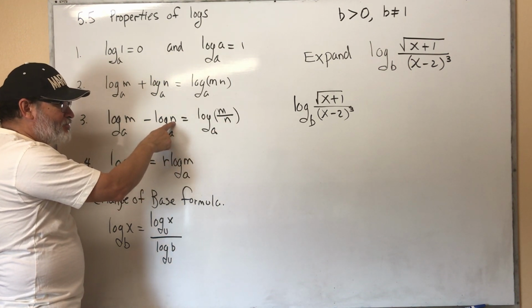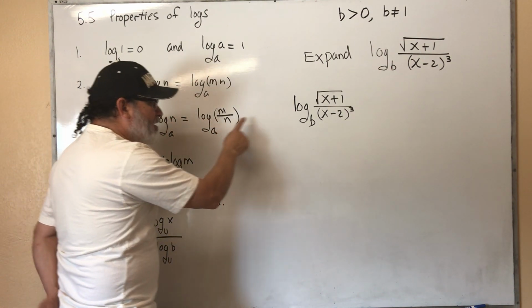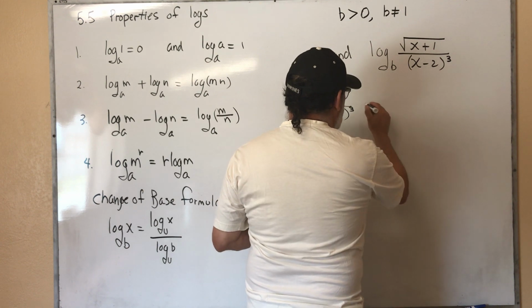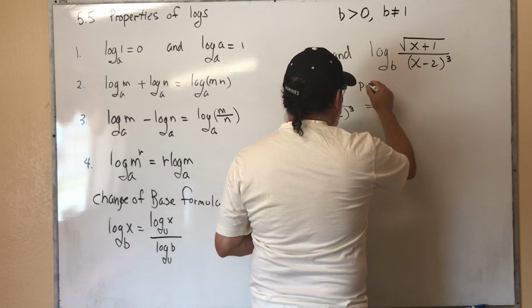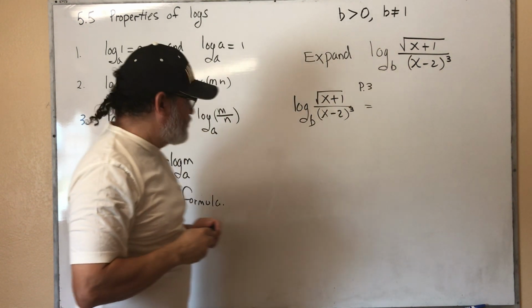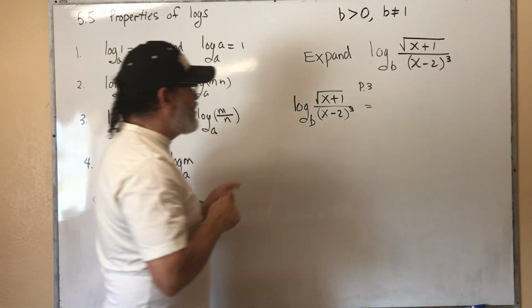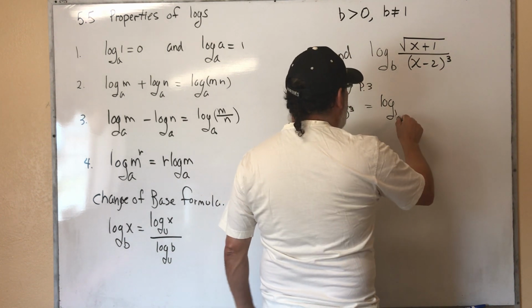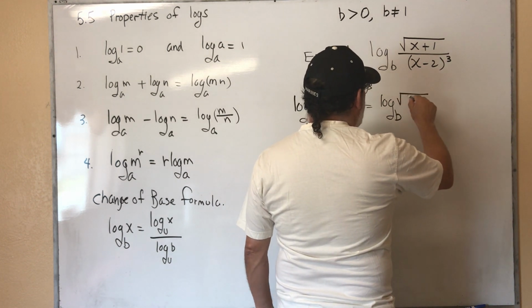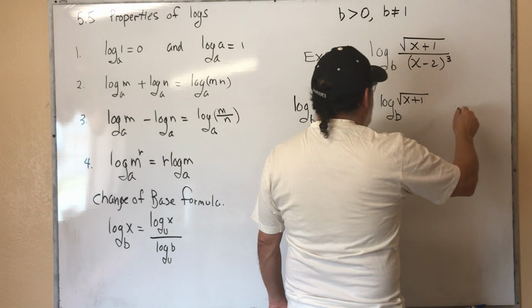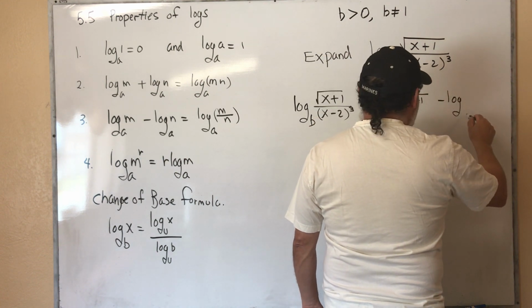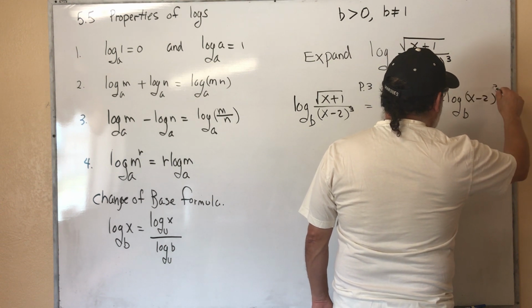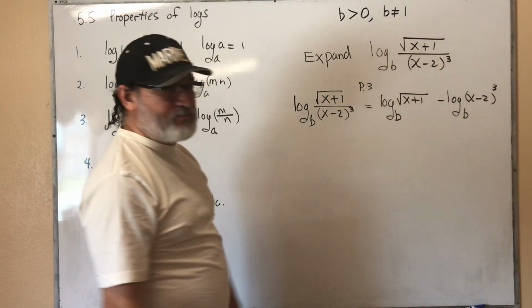By property number 3, this becomes the log base b of the square root of x plus 1 minus the log base b of x minus 2 to the third. See that?